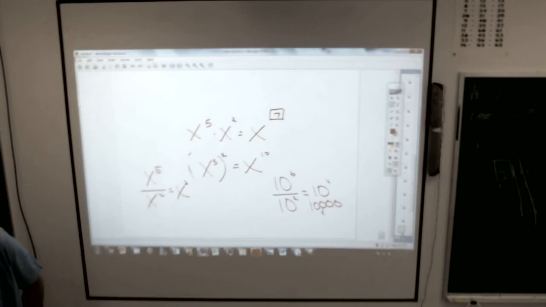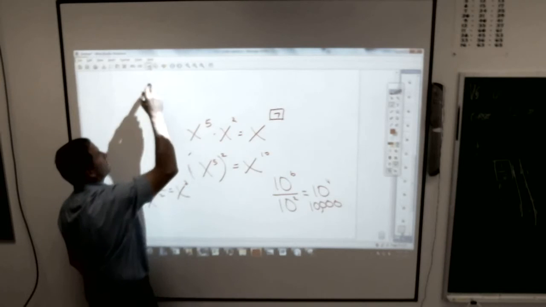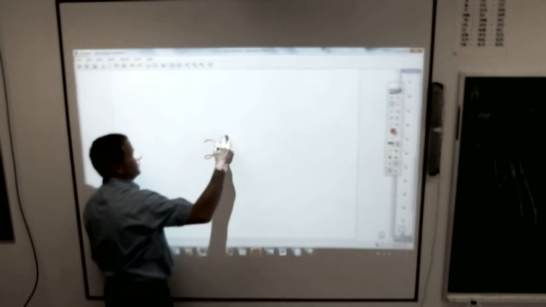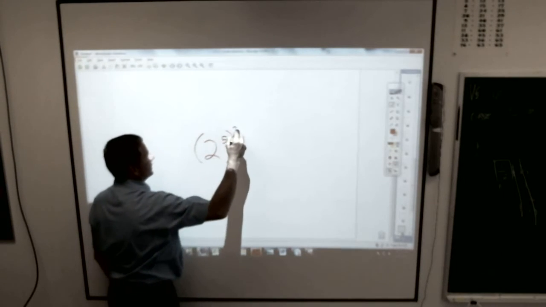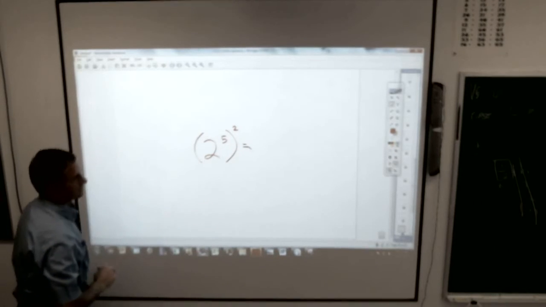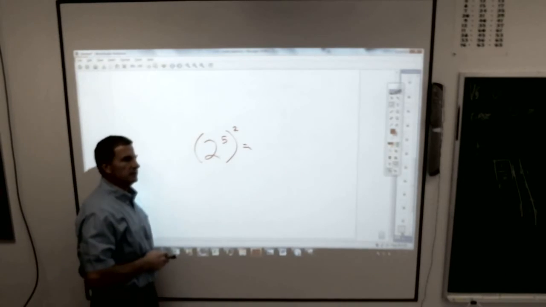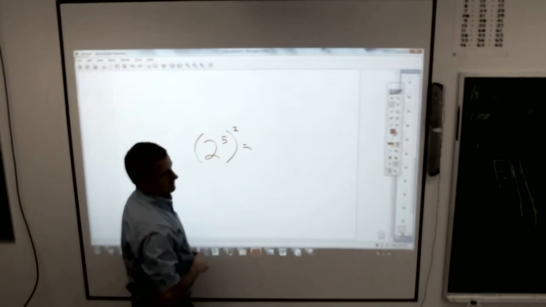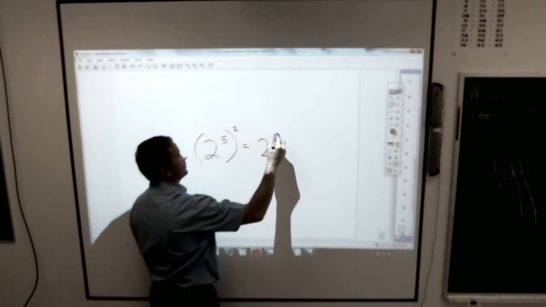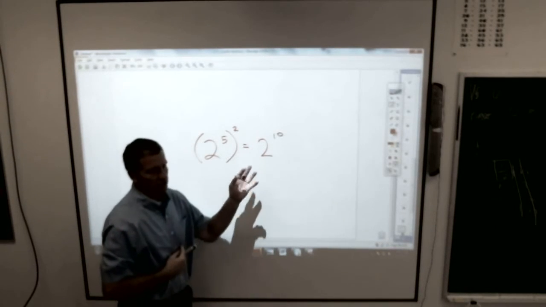Another one right out of the book. 2 to the 5th power squared. 2 to the 5th power squared is 2 to the 10th power. And what is 2 to the 10th power? By the way, this is called exponential growth.